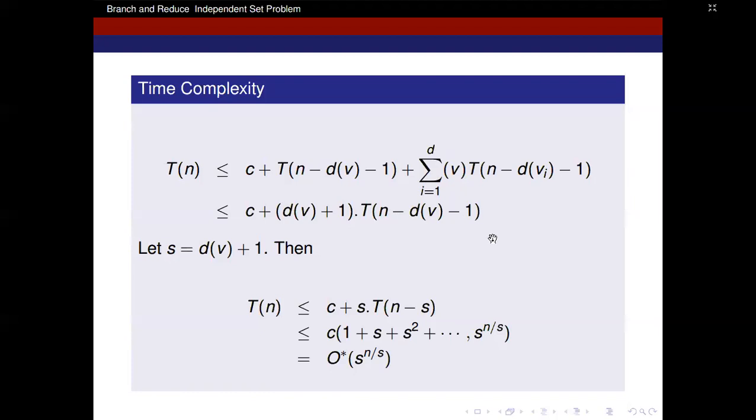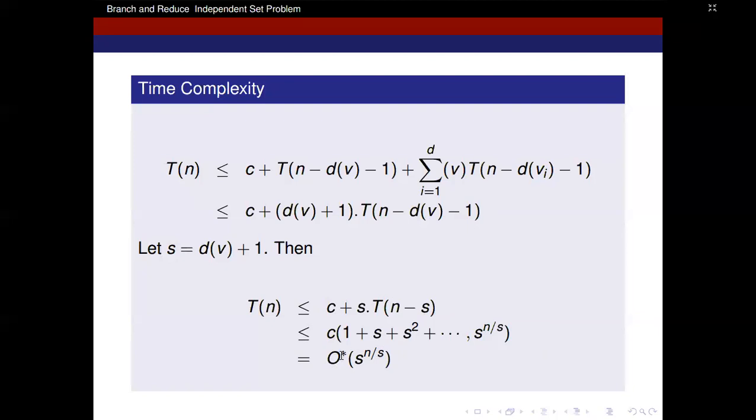Now we assume that we take dv plus 1, this term, as s. So the relationship becomes T(n) is less than or equal to c plus s times T(n minus s). If we expand this, we get a progressive series, and you get O star of s to the power n by s.